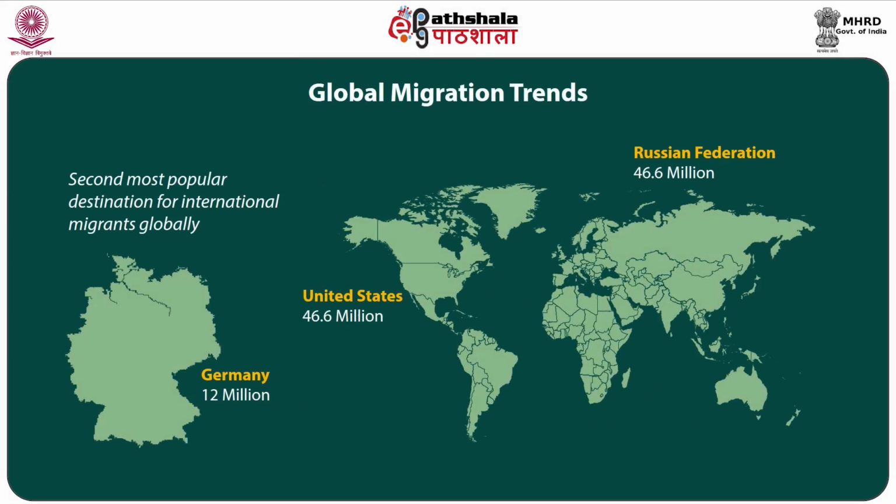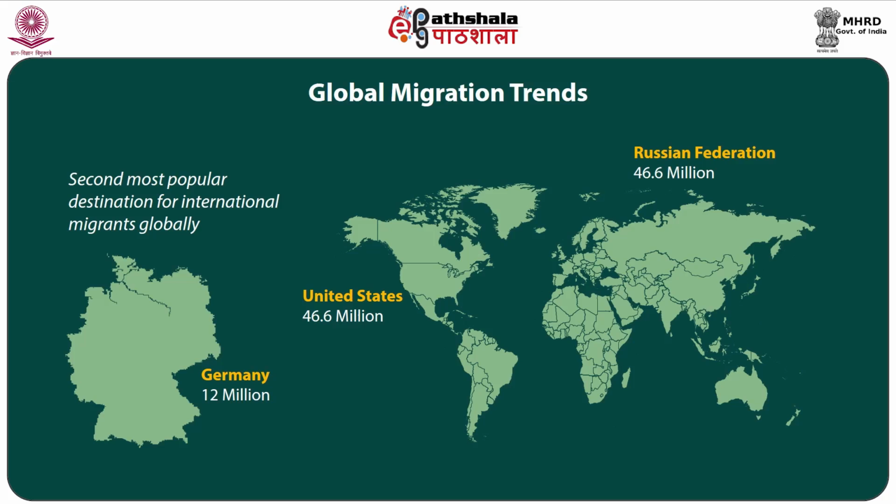Germany became the second most popular destination for international migrants at the global level in terms of absolute numbers, following the United States and preceding the Russian Federation.